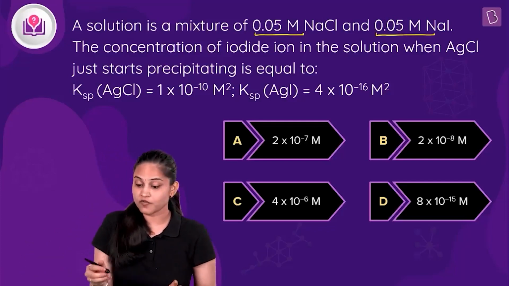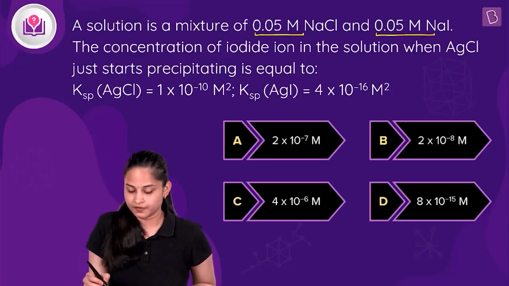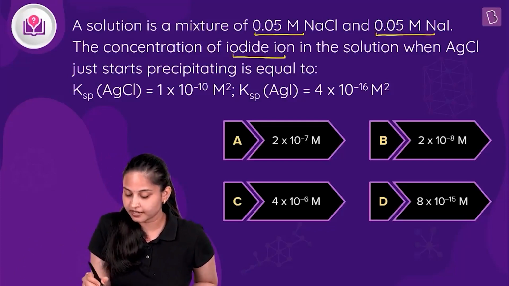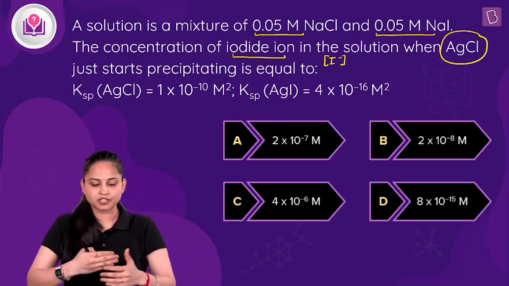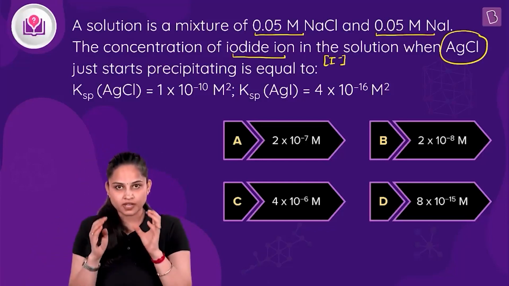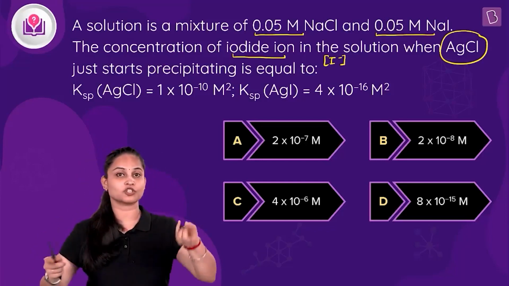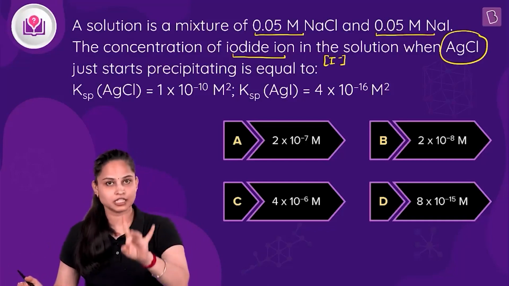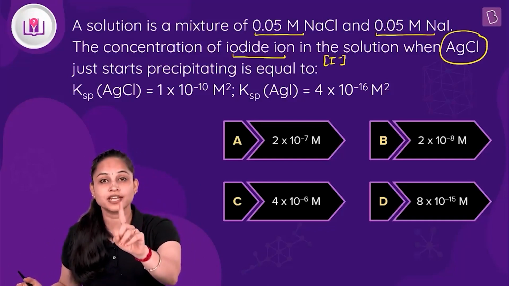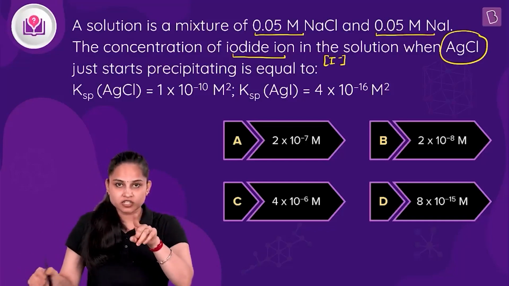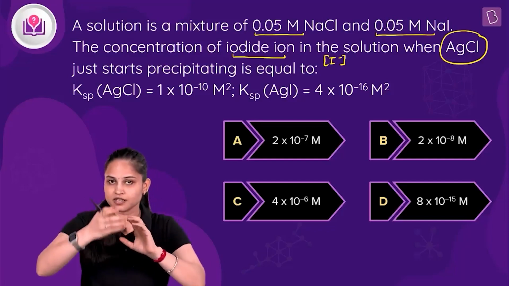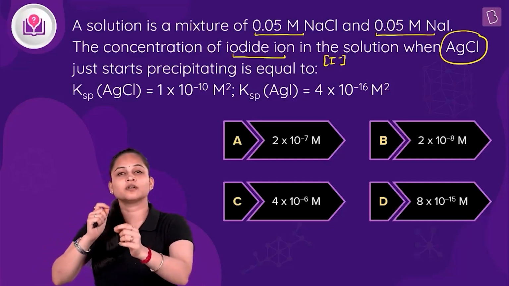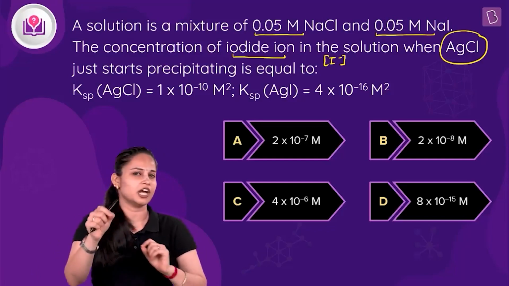The concentration of iodide ion in the solution when AgCl just starts precipitating is equal to what? We have to find out the concentration of iodide ion in the solution at the stage when AgCl just precipitates out.